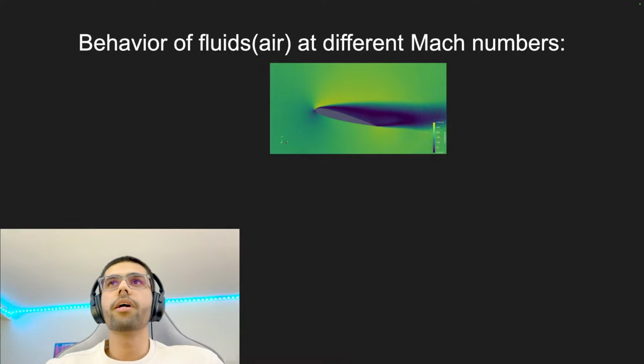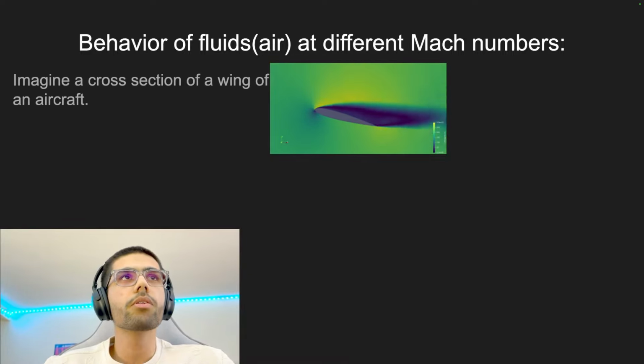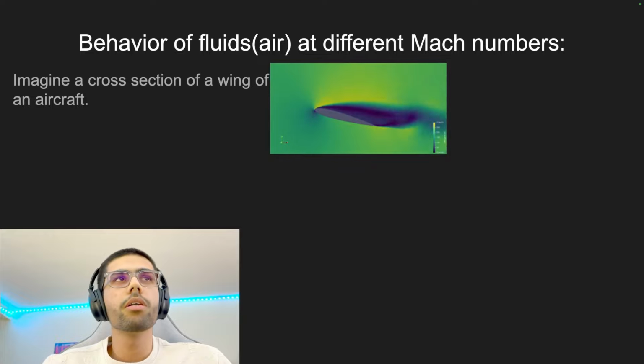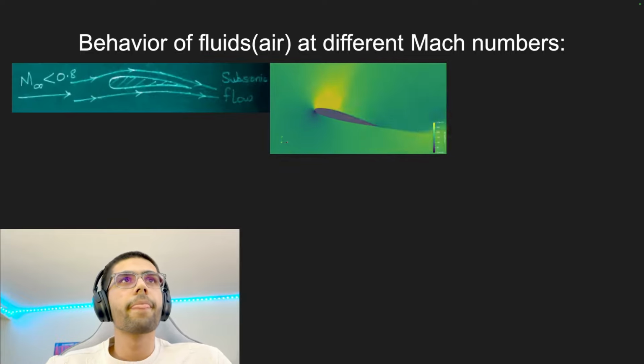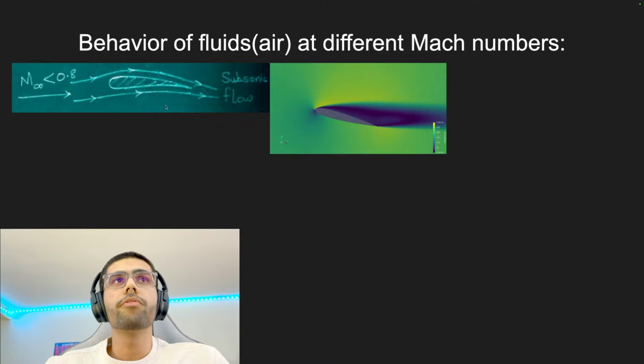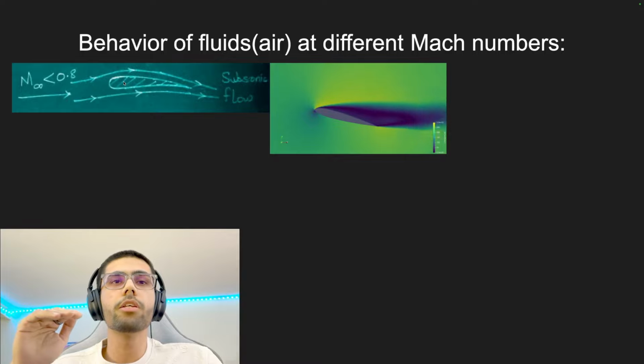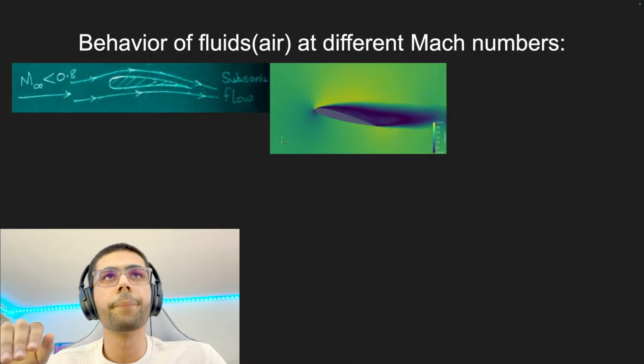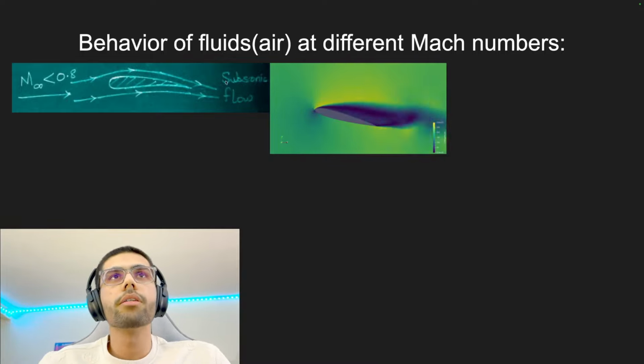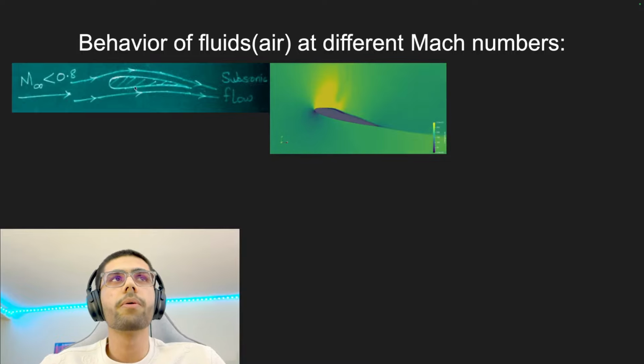Now, behavior of fluids at different Mach numbers. So imagine a cross section of a wing of an aircraft. If that is moving through the fluid at a speed smaller than Mach 0.8, then we call that subsonic flow, or we call that speed subsonic speeds.